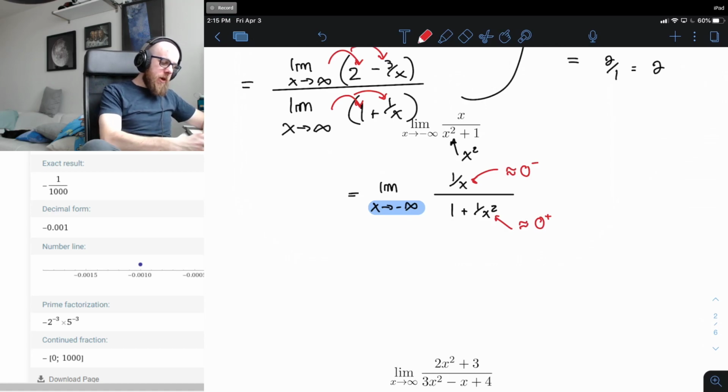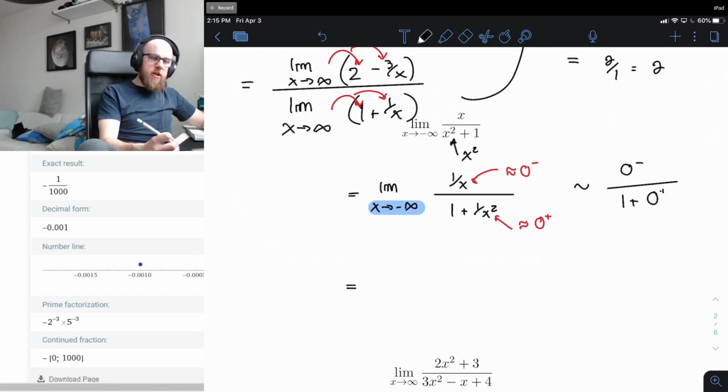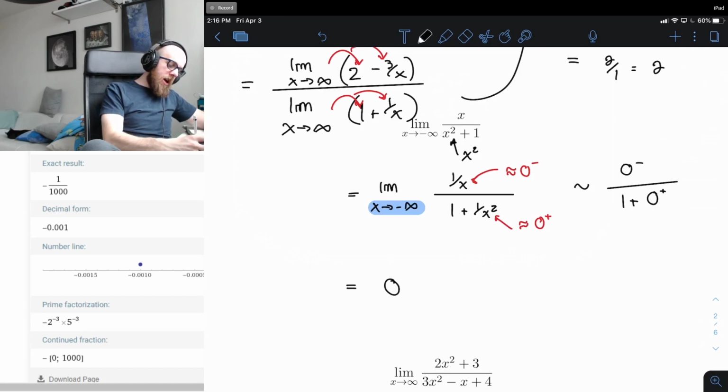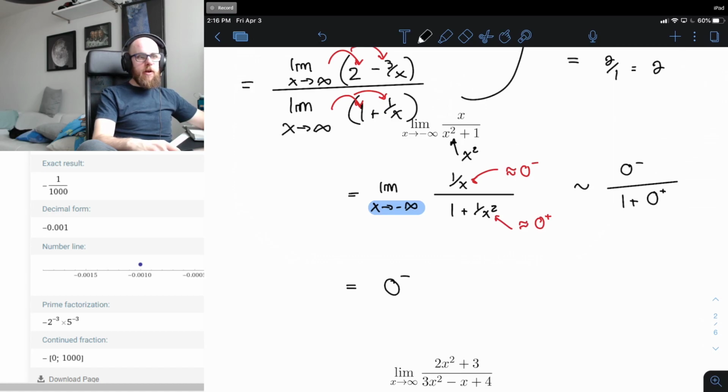And so when we take the limit as x approaches negative infinity, it's like I have something very slightly negative in my numerator, but pretty much 0, over 1 plus something really close to 0, but slightly positive. Hopefully you'll be able to imagine this. Basically what we end up getting is just 0, but the answer is still going to be slightly negative. So our final answer here is 0, but slightly negative, okay?